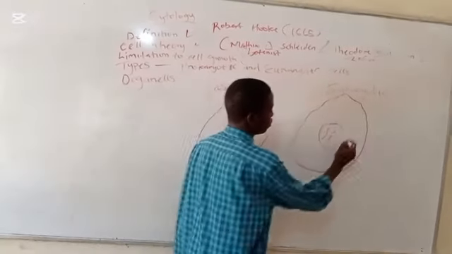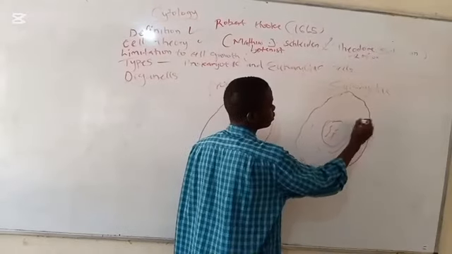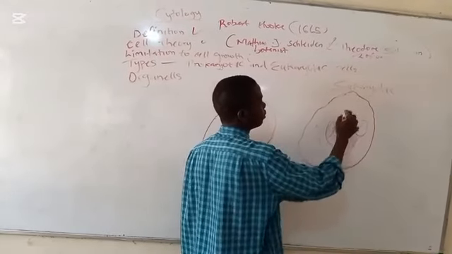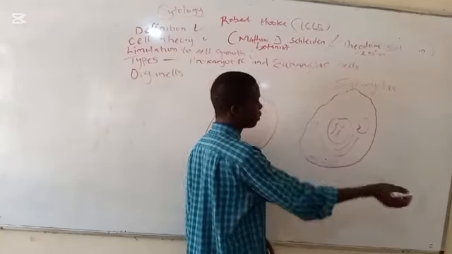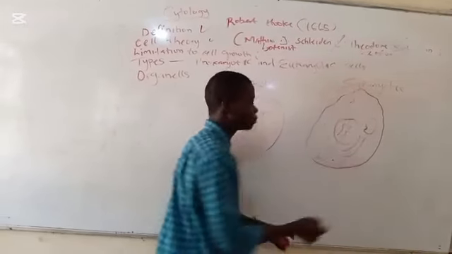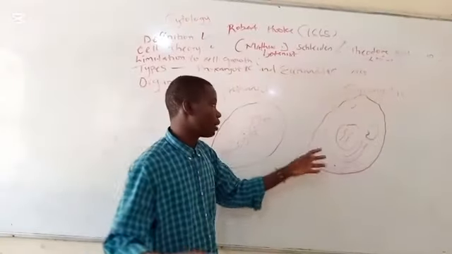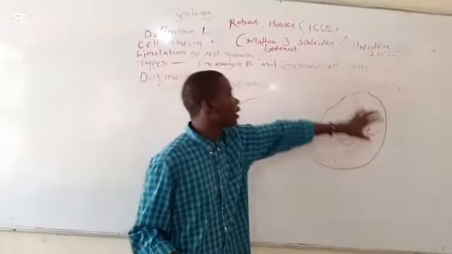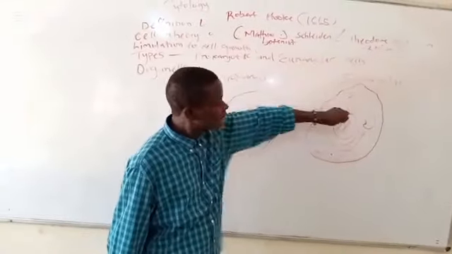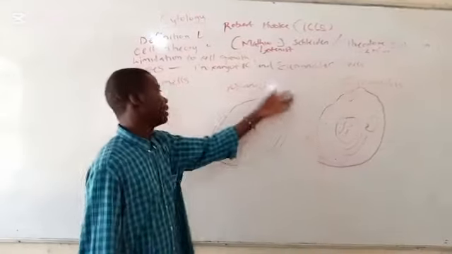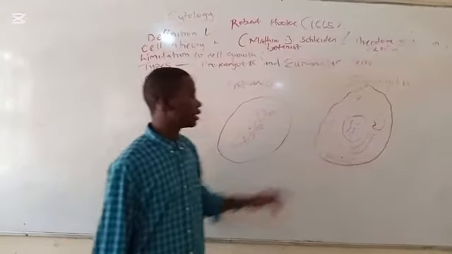For example, we have the ribosomes, the mitochondria, the Golgi apparatus, lysosomes, and so on. All these organelles, we'll look into them after this aspect, but all these organelles are responsible for carrying out specific functions within the cell. While on the other hand, prokaryotic cells do not possess all these organelles.